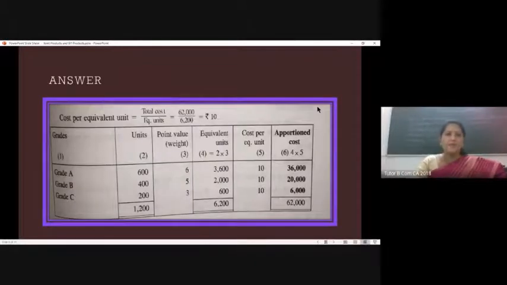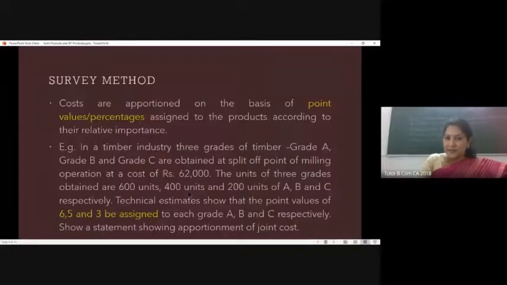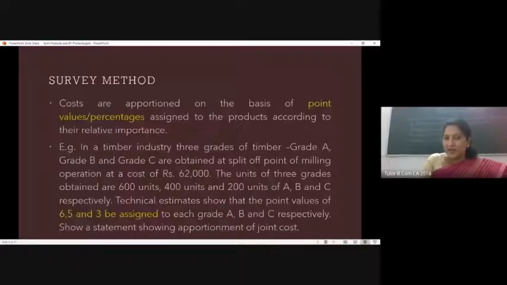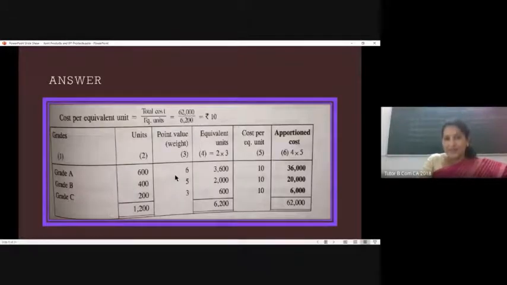It's very simple. We have three products in this category, that is grade A, grade B and grade C. And the units that are already given in the question, that is 600, 400 and 200 respectively. Now the point scale is already given in the question, that is 6, 5 and 3 respectively. So now things are very easy.